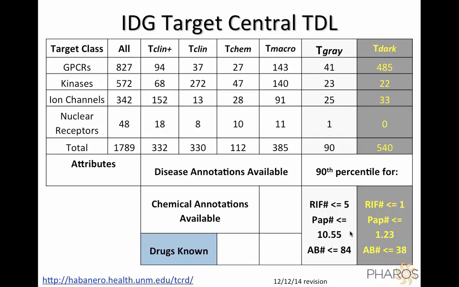We interface through an API and extract both the total count of antibodies as well as just monoclonal antibodies for each protein. So we count antibodies, and then if it's under 38, that would be a T-dark protein. And you'd be surprised how many antibodies are actually available for certain proteins.